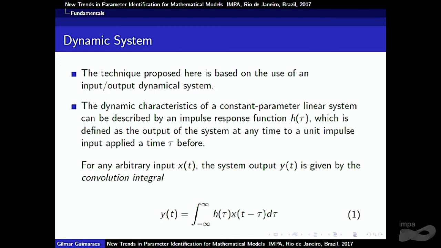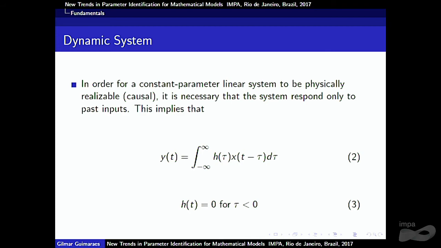The dynamic characteristic of a constant parameter linear system can be described by an impulse response function, which is defined as the output of the system at time t to a unit impulse input applied at time tau before. For an arbitrary input, the output is given by the convolution integral.